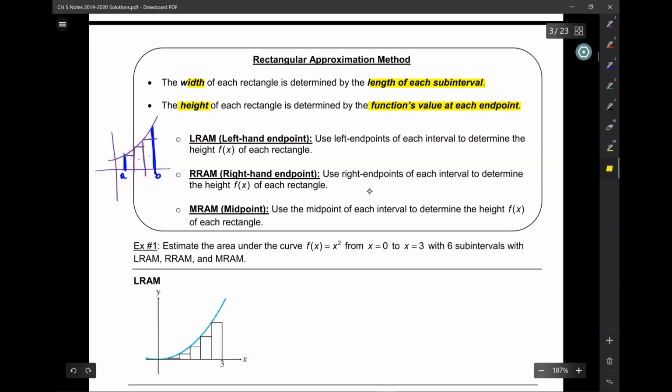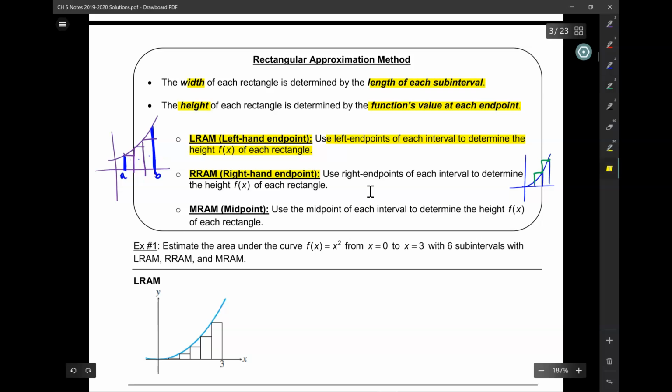This is called left-hand endpoint, and for short, we call it LRAM, left rectangular approximation method. RAM stands for rectangular approximation method. This is when we use the left endpoints of each interval to determine the height of the rectangle. Similarly, I could use the right endpoints of each interval and make it a rectangle like that.